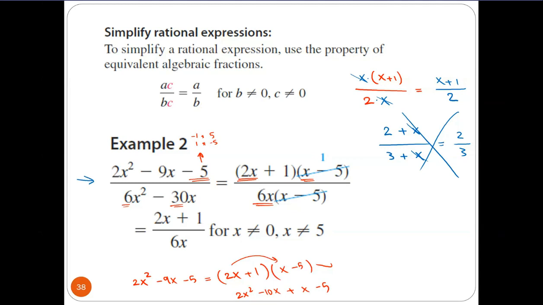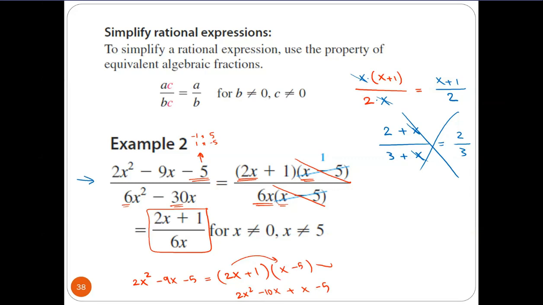Now, if we take 6x, the rest equals x from the first term. From the second term, we already took x. 30 divided by 6 equals 5. Okay. Now, look at these two brackets. X minus 5, x minus 5, we can remove it. And the final result equals 2x plus 1 over 6x.